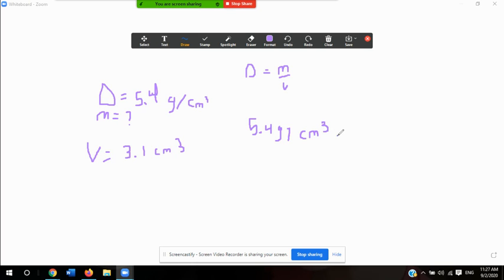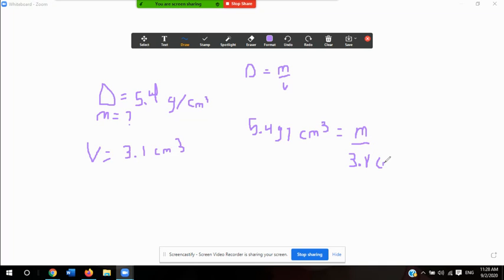We are looking for our mass, so we don't know what that is, so we'll just leave it expressed as M. And the volume is 3.1 centimeters cubed. Now, this one is not in your textbooks. This is just me bringing a similar example to the one that you're going to see in the practice problem, so that way you guys know what to do.